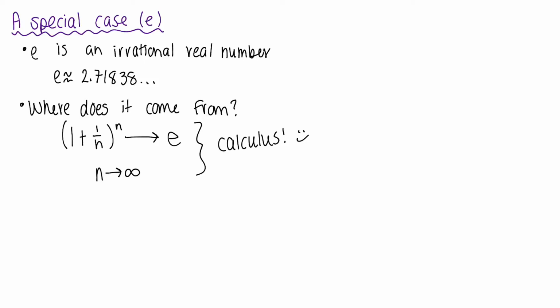There's a lot of things in nature that are replicated with exponentials with a base of e. So it is really important, and you're going to see it a ton in calculus. You won't see it in Math 127 at all, so you won't see it in trigonometry, but you'll see it all the time in calculus. It will not disappear.